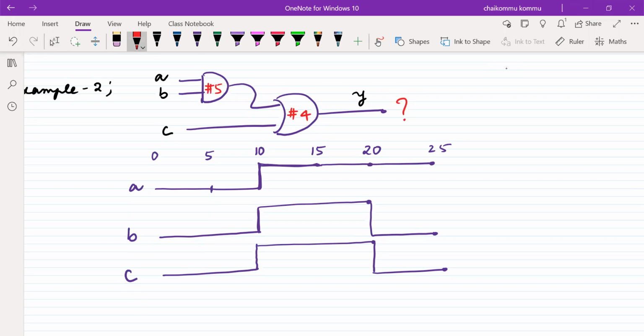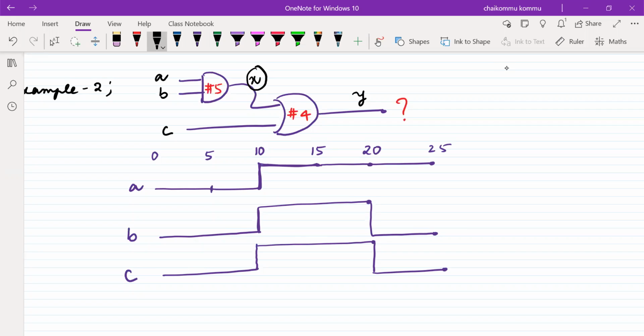So let us consider, this is called some X. This is called some X, that is the intermediate line. The moment A and B are connected to the AND gate, which has 5 timing units delay, that means the X signal generated from A and B will take a rise value 5, fall value 5, turn off value 5.